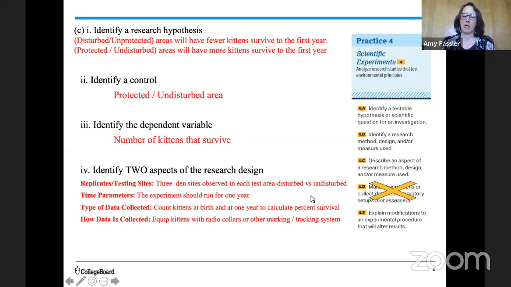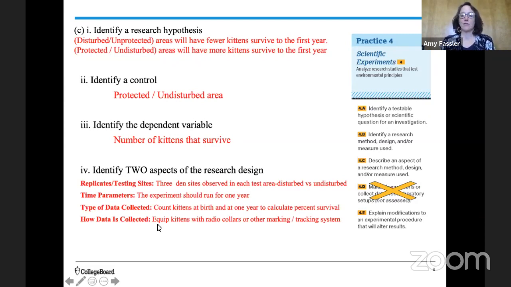I maybe want to put something in my research design about the time parameters. I'm going to let this experiment run for an entire year because that was the goal. I want to know how many of them are able to survive to 1 year, and that's important because that's when they're old enough to start reproducing. The type of data I'm going to collect: I'm not collecting the data, but I could say I'm going to count the number of kittens at birth, and then say how the data was collected.